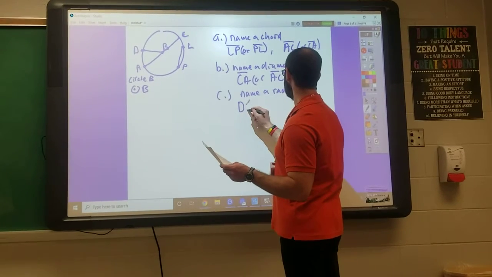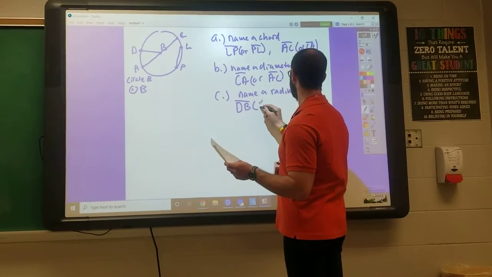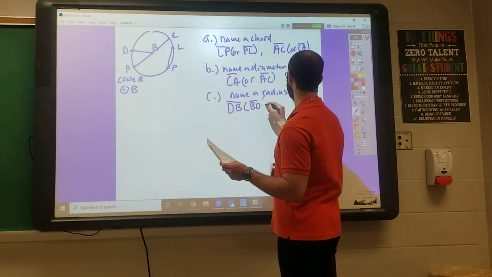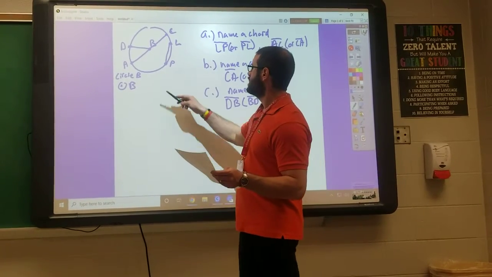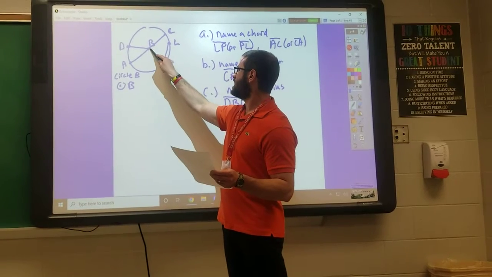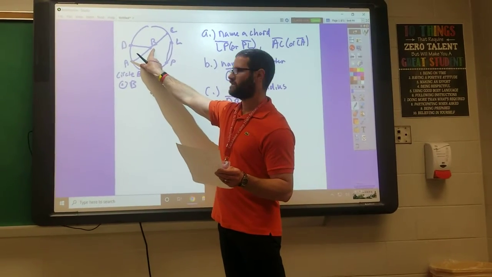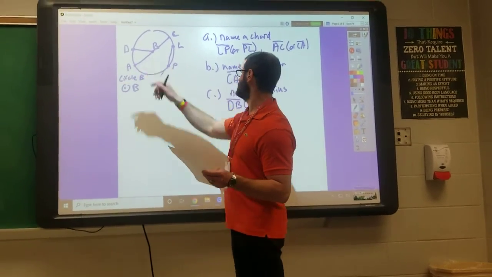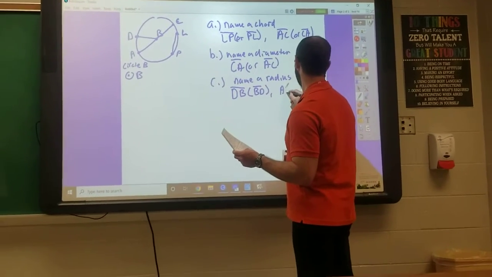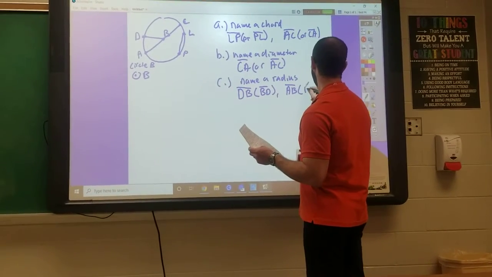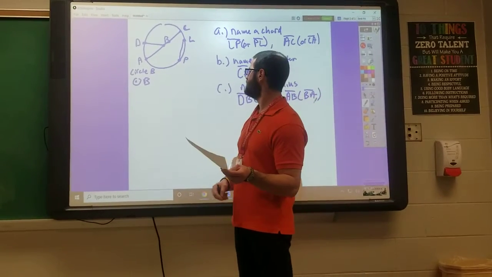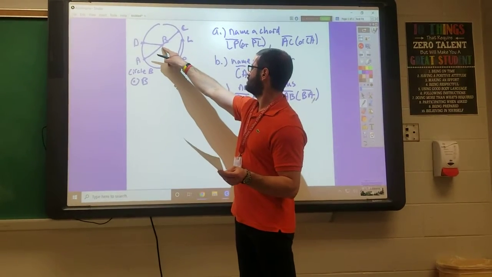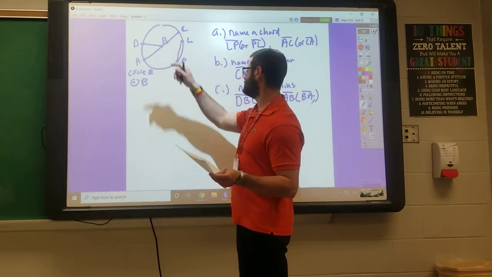Remember, we can also call that BD. What would be another example of a radius? How about AB or BA. And there's one more that's also a radius here, BC or CB.